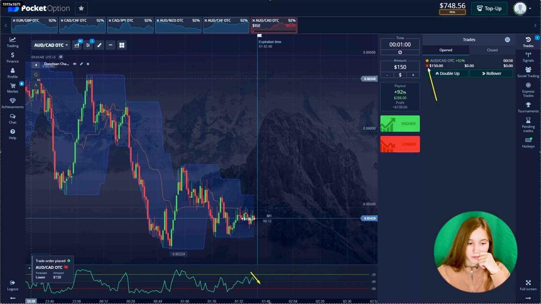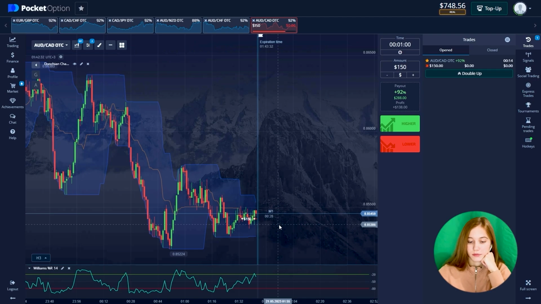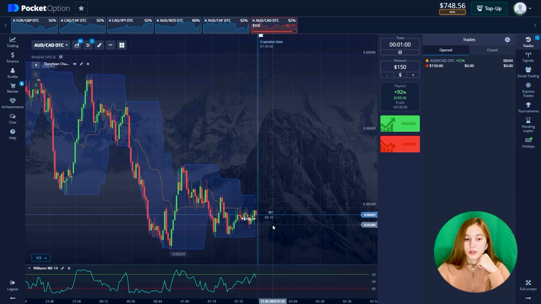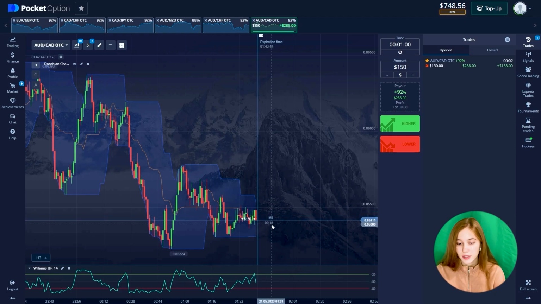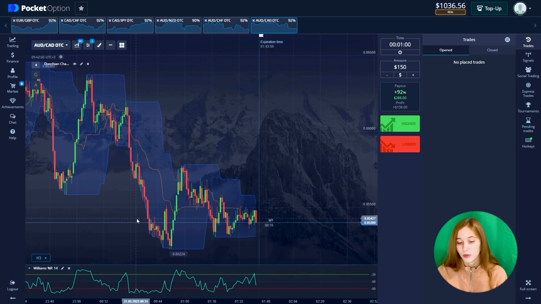Let's see for our chart, for our market. 14 seconds left until the end of our deal. Let's wait. Great. Plus deal, $138 our profit. So it was our last concept.